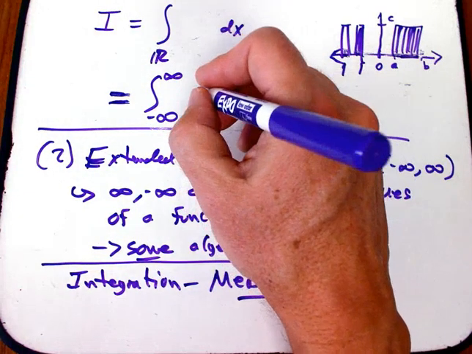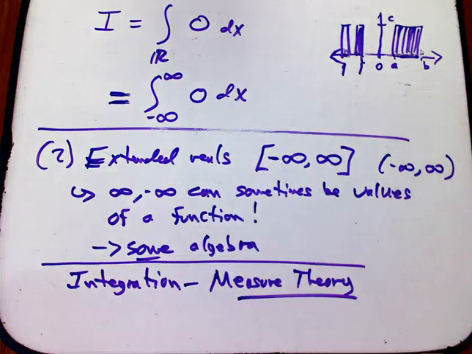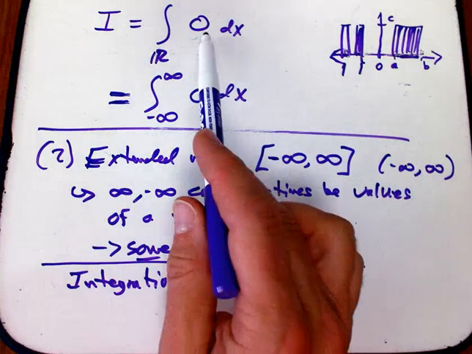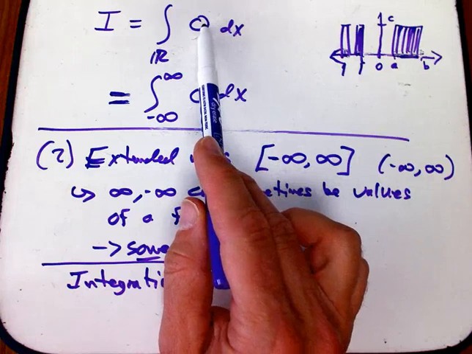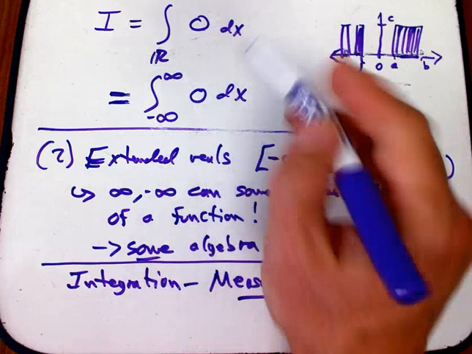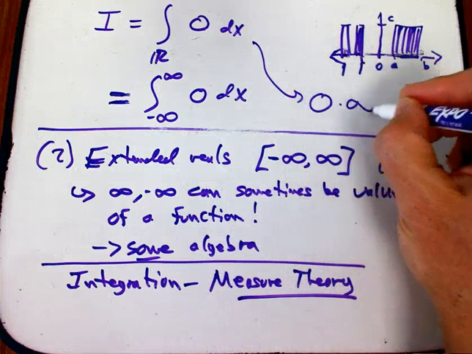So the integral from minus infinity to infinity of c dx, but what if c is 0? In other words, the integral over the entire real line of just 0 dx. Well, it was supposed to be the height of the function times the length of the interval. That really seems like we're saying that's 0 times infinity.